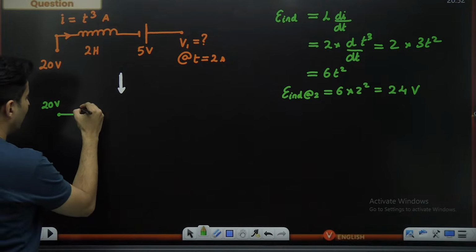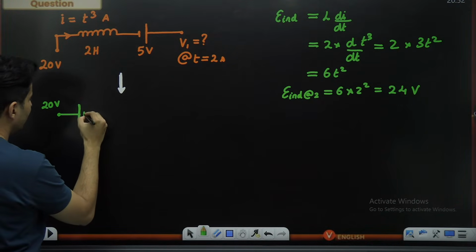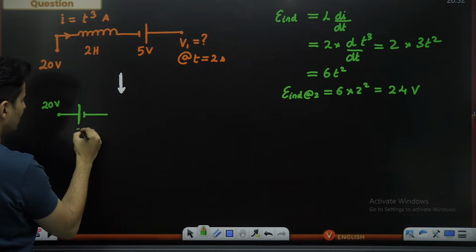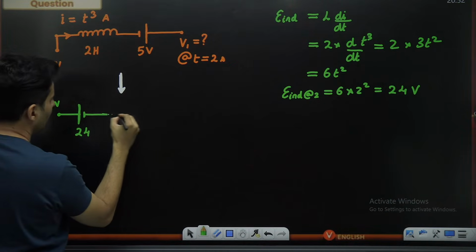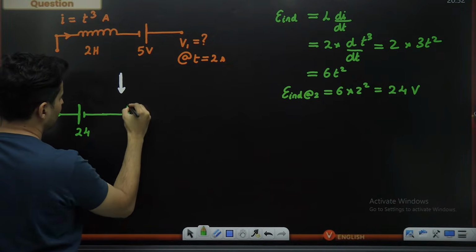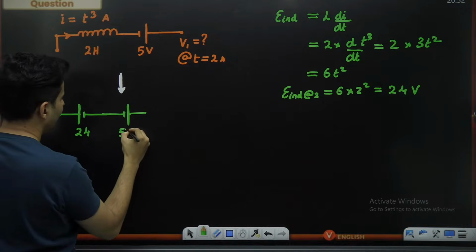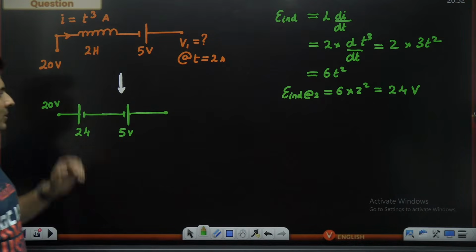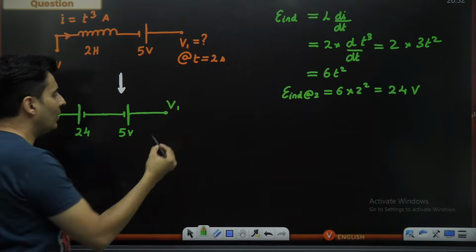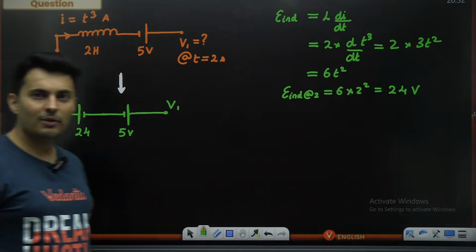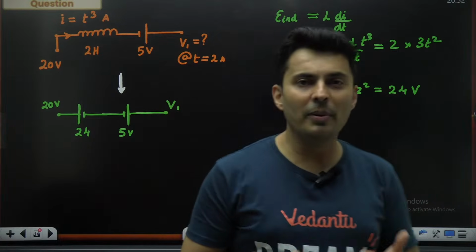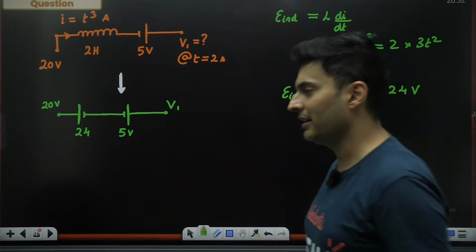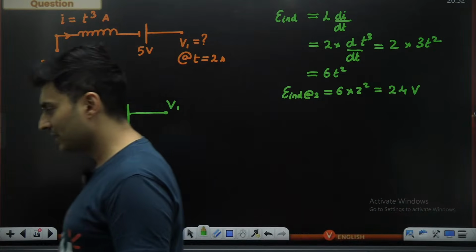So it will behave like a battery which will oppose it, whose value is 24 volts. And over here, you will have another battery of 5 volts and that's about it. Now this point is V1. Now is it making sense? Everyone, it is now looking like a simpler question, not so complicated. Now we will be able to do it.